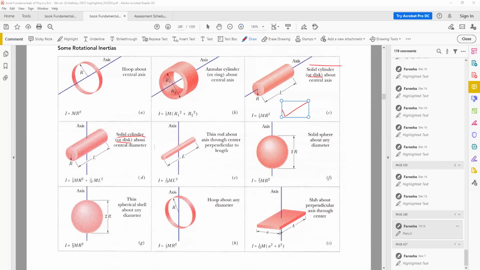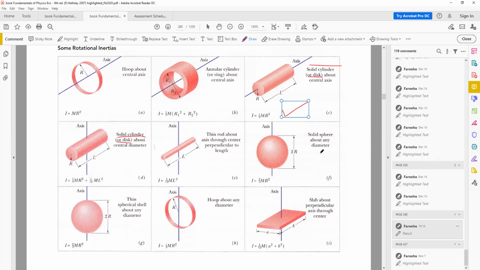Who will answer this? I'll give you a point for this. Who's going to answer this? He said that one is hollow and the other one is filled. Fareed, yes.